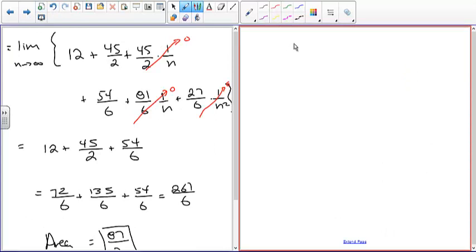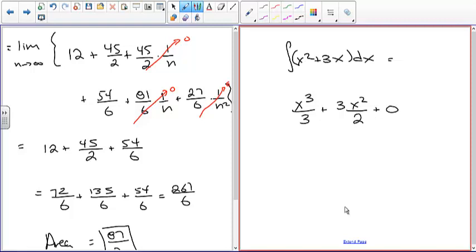Now, I'm going to demonstrate something. What if you took the antiderivative of x squared plus 3x? So use the rules. The integral of x squared, you add 1 to the exponent, divide by the new exponent. You add 1 to the exponent, divide by the new exponent. Add your arbitrary constant c, but I'm just going to let c be 0, just because.